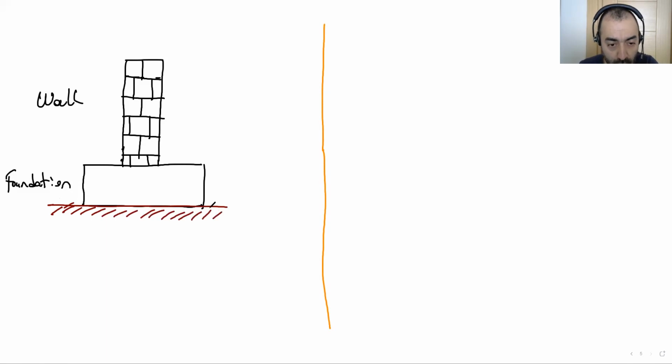Or this is the ground. Or we can say soil. Now, the load comes from top. And this wall takes it to this surface, okay, first.